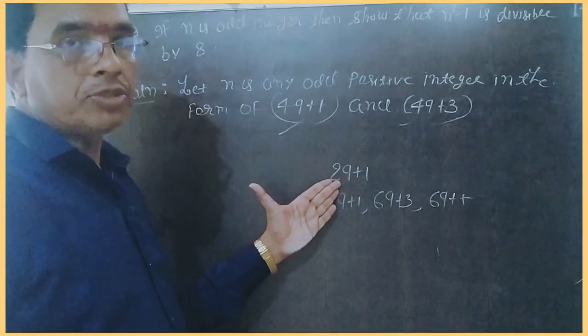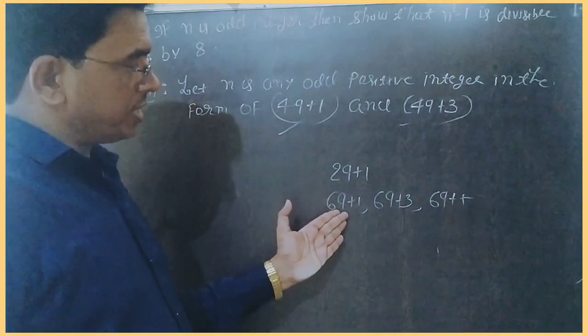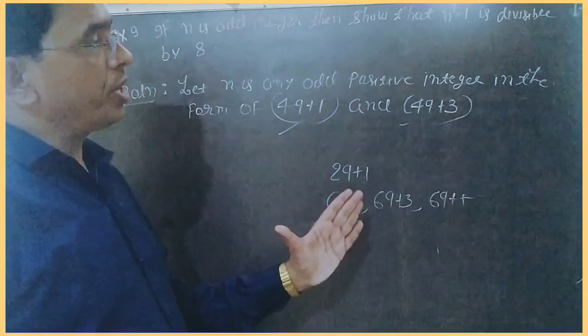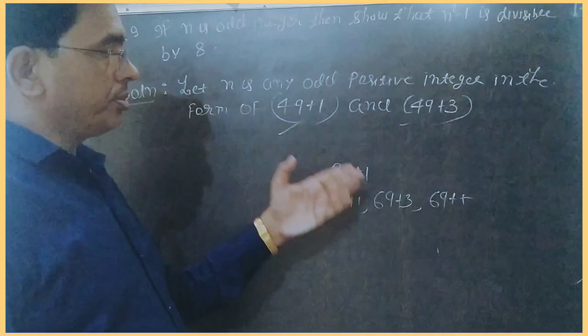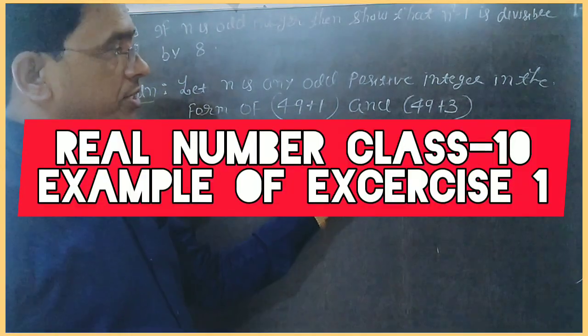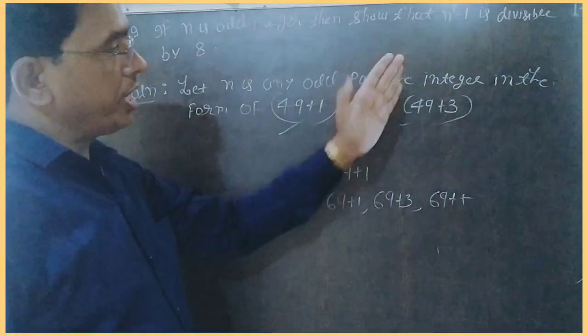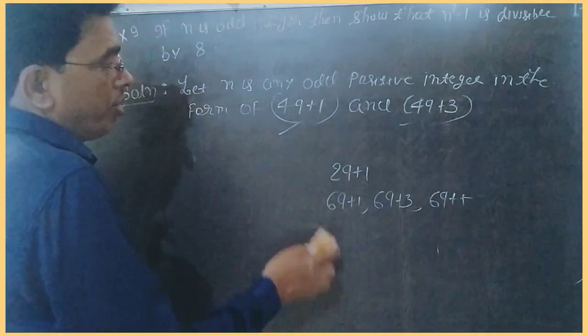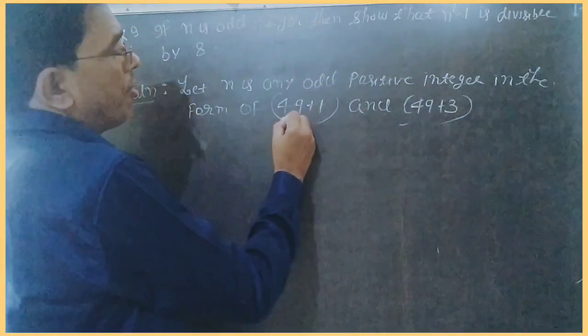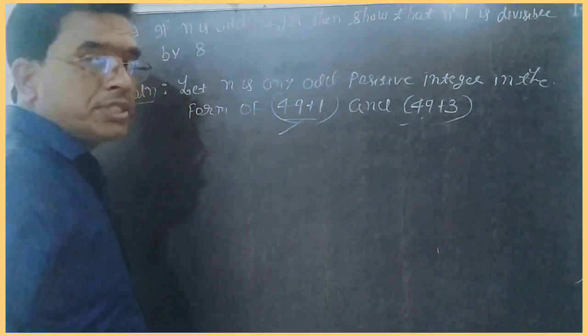Similarly, with 6q plus 3 squaring, you get 36, so it is not divisible by 8. So we take 4q and squaring it, you get 16, so it is divisible by 8. So I take only odd numbers. For these questions, you always take 4q plus 1 and 4q plus 3.